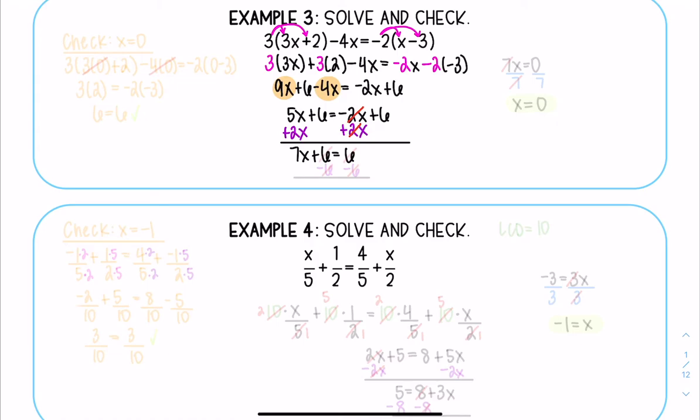And we need to move that 6 on the left over to the right, so the variable is by itself. So we're going to subtract 6 from both sides. Well, what ends up happening is that the 6's cancel on both sides.